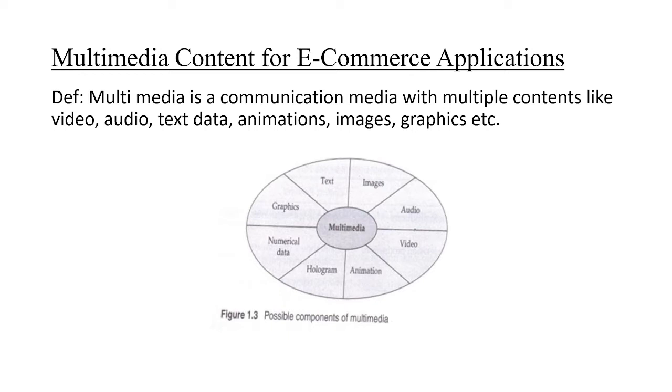The definition of multimedia is a communication media with multiple contents like videos, audios, text data, animations, images, graphics, etc. And this is a pictorial representation of possible components that a multimedia can hold, that is text, images, audios, videos, animation, hologram, numerical data and graphics. All together collectively can be termed with a single word called multimedia.